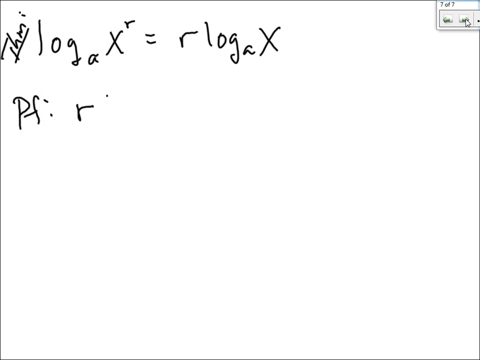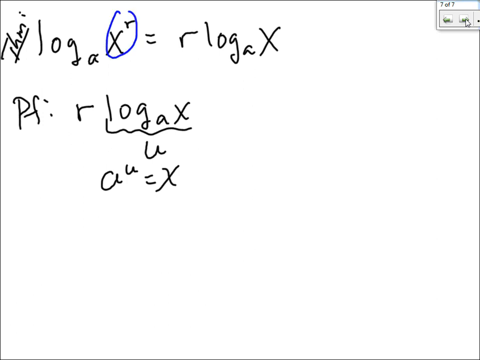So you have r log base a of x. Well, let's call that u. So this tells me that a to the u is x. Well, we want to have x to the r. So I'll raise both sides to the r power. Now I have x to the r is a to the r times u.